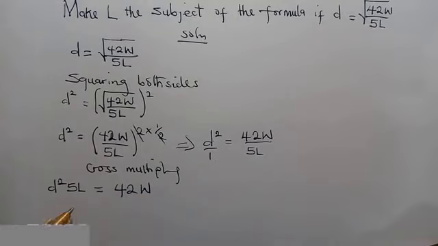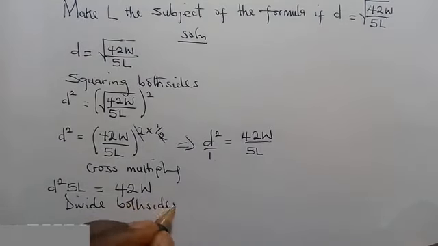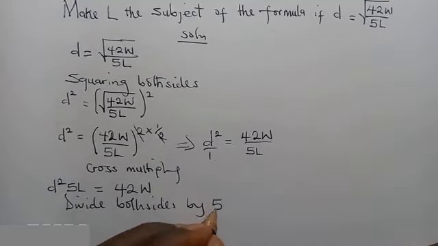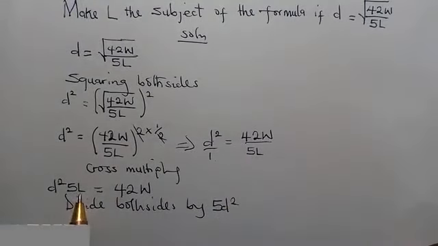The next thing is for us to divide both sides by 5D square. Because we are asked to make L the subject of the formula, we have to get rid of any other variable here that is associated with L to make it stand alone.